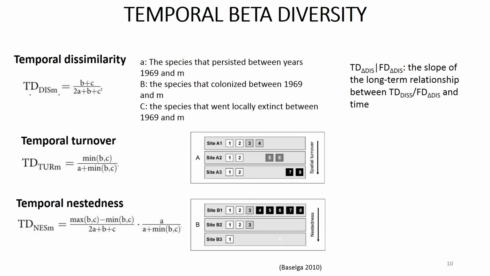The formula to calculate the beta diversity is here, but I will not explain it in detail, because you can see it in the methods of the study.